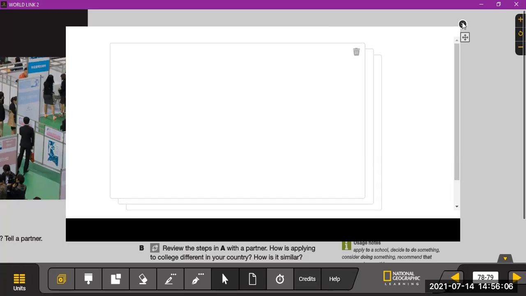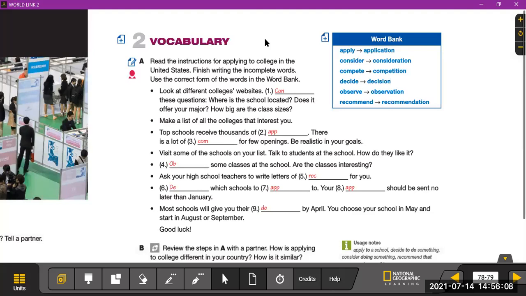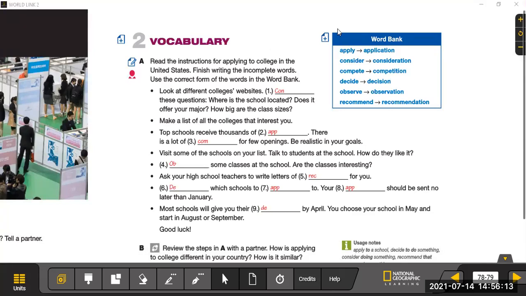Okay, so now we're gonna see what is the definition of these words. So the first two words we have apply and application. When you apply, which is the verb, it's like you complete a form to do something. If you apply for the university, it's because you want to enter the university.